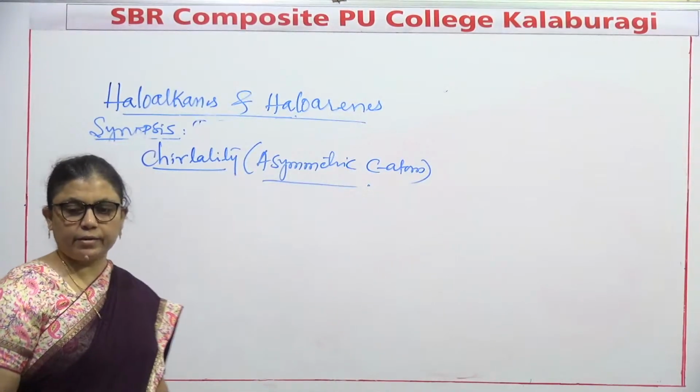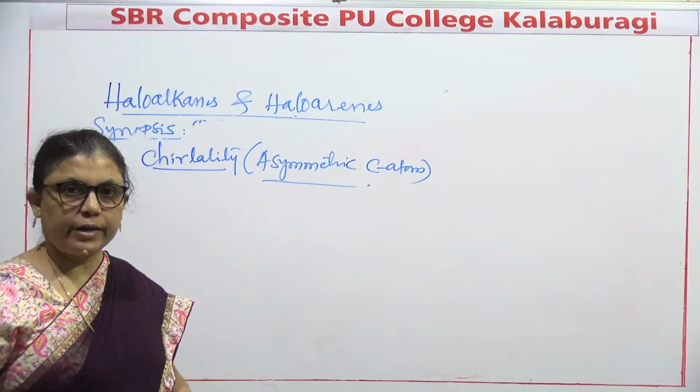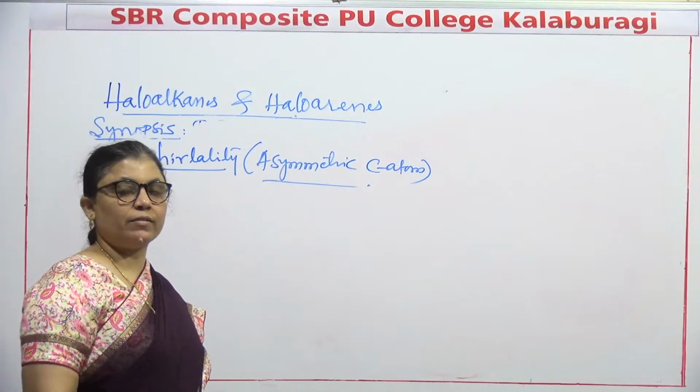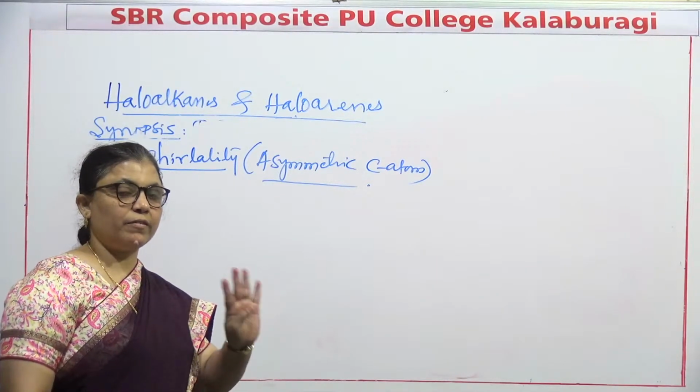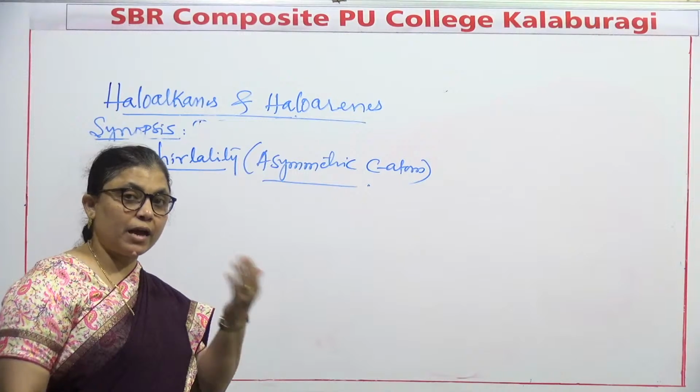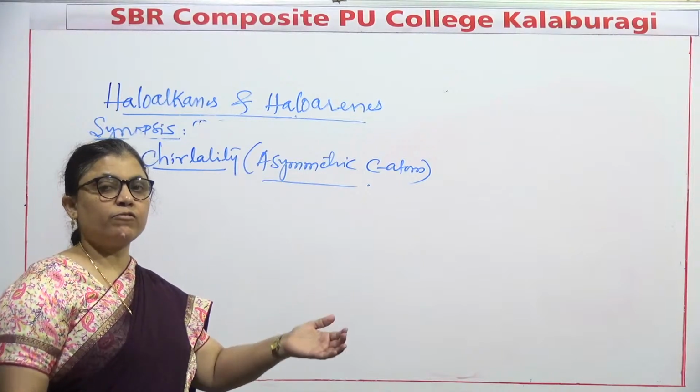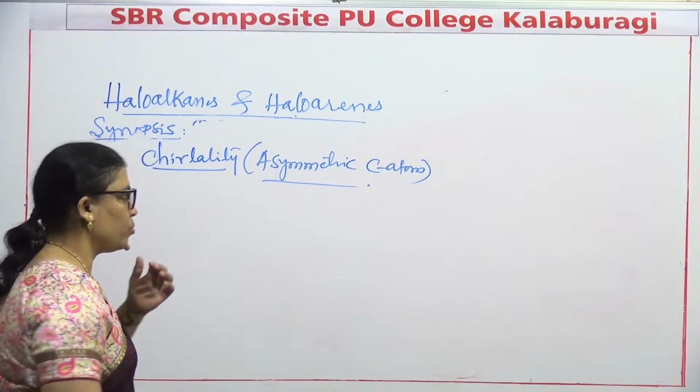Carbon is tetrahedral, and the valency of carbon, that is, the tetravalency of carbon, is satisfied by different atoms or molecules.